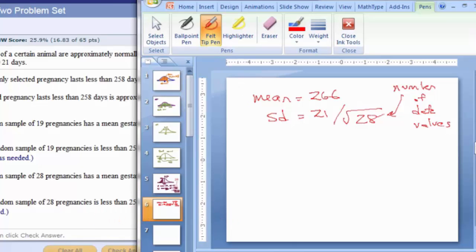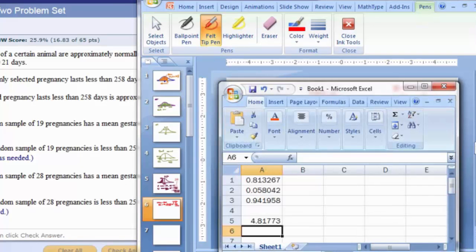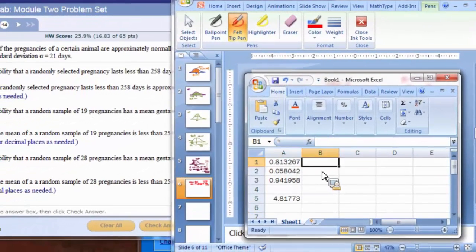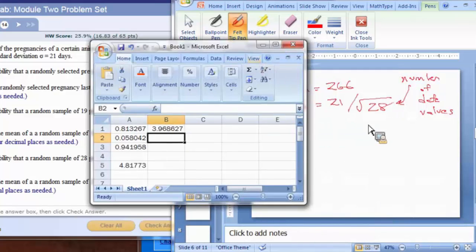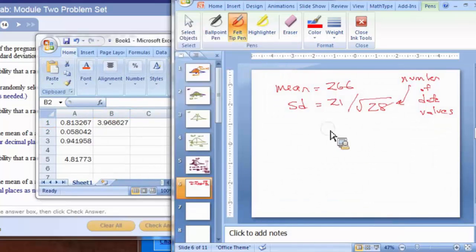So I'll go to Excel, equals 21 over square root of 28. I actually use Excel for calculations a lot more than a calculator. You can type it in and I can see what I'm doing. So the new standard deviation is 3.968627.